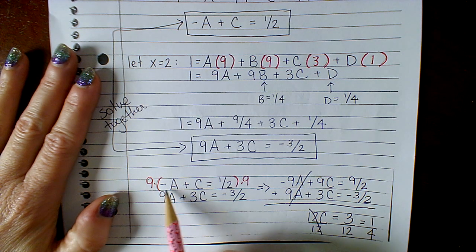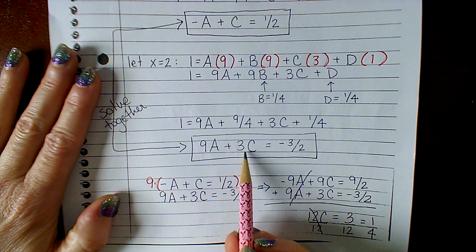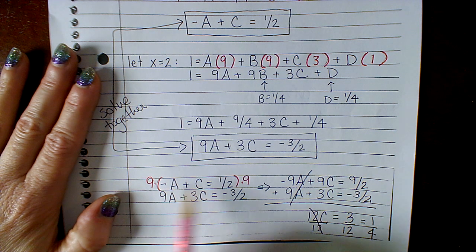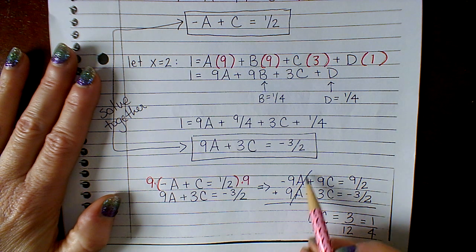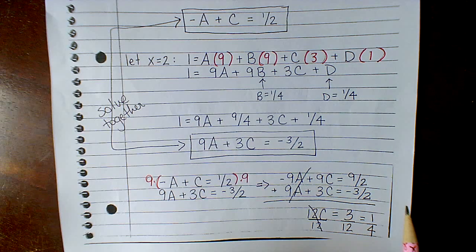So we have this first equation, negative a plus c equals 1/2, and this one, 9a plus 3c equals negative 3/2. I chose to multiply the first equation by 9 because I'm thinking, if I add these together, that'll eliminate my a. So multiplying that by 9 gives me negative 9a plus 9c equals 9/2. Adding those 2 equations together, I get 12c equals 3.